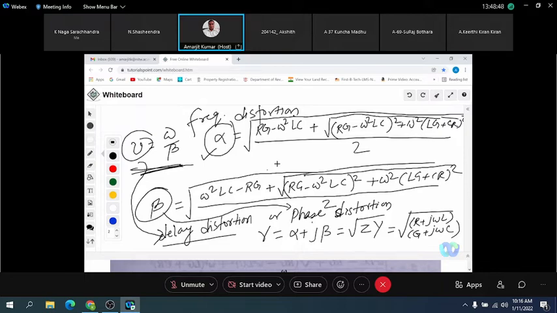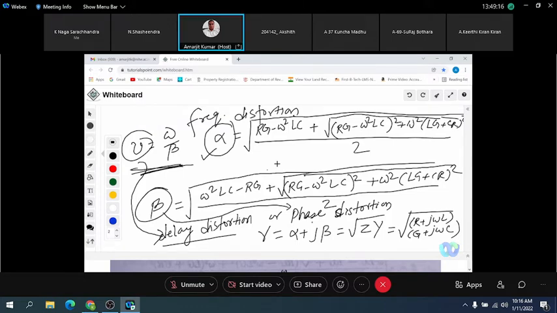How to minimize frequency distortion? Alpha is a complex function of frequency, and velocity is also a complex function of frequency. So what should be done? Can we do something so that velocity is not a function of frequency? Can we do some mathematics?